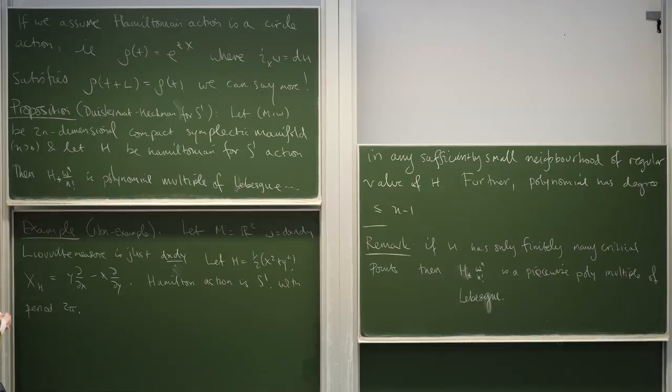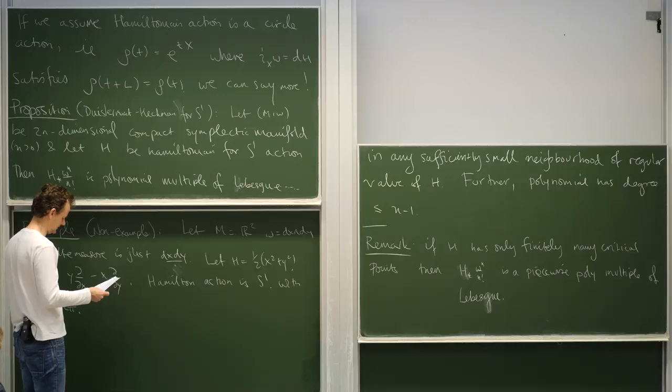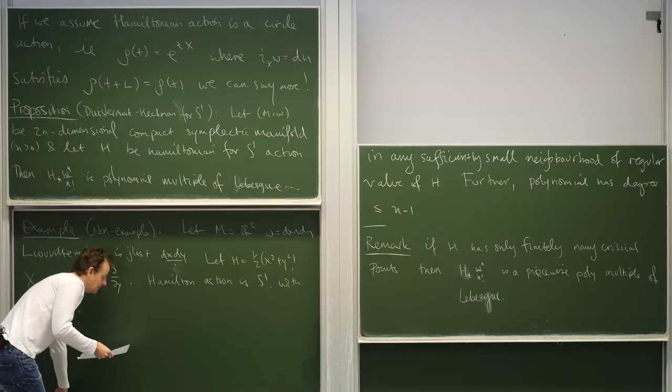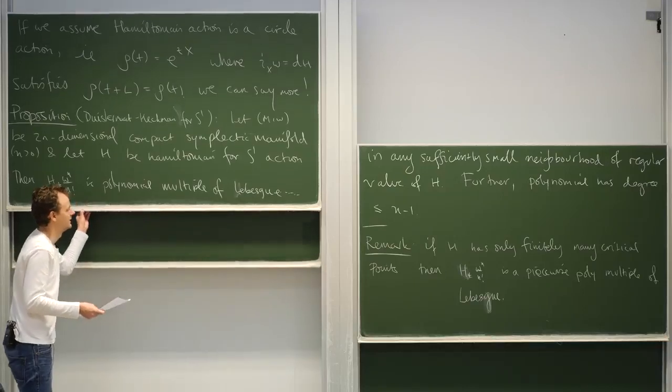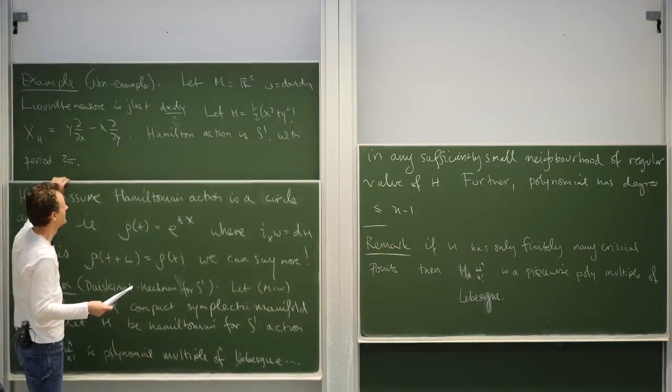Now I'm not going to explicitly compute the push-forward measure. I'm just going to argue how the push-forward measure looks by looking at some examples. It's basically a proof, but one or two steps are missing.